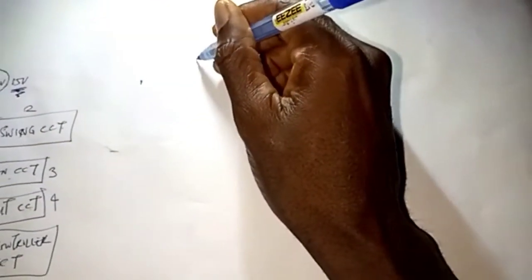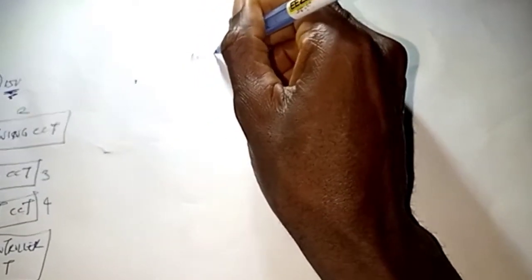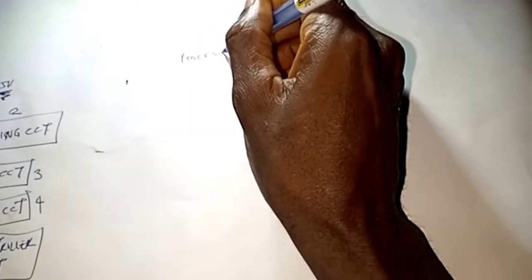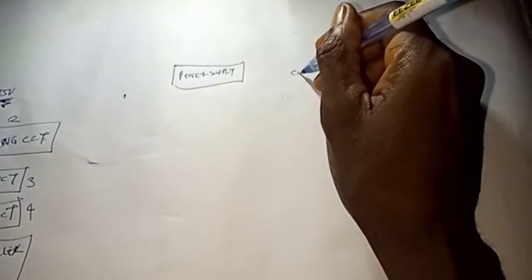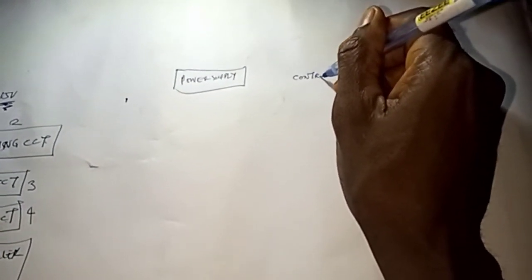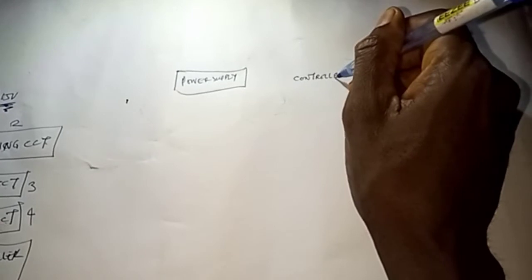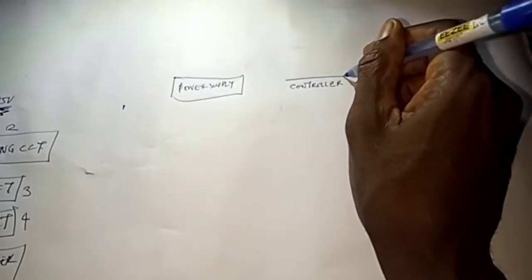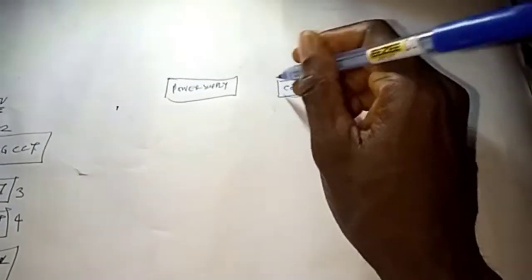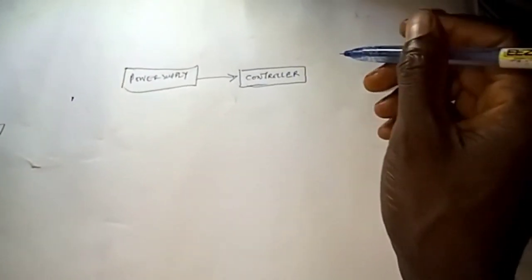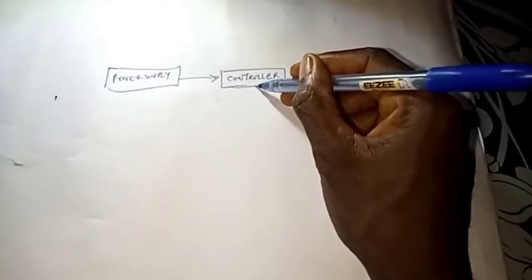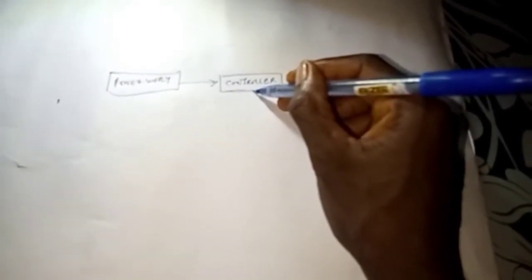You start from your power supply. The next thing is the controller, because before anything starts functioning, the controller must receive the signal from the power supply. So from the controller, it tells it, okay, straight.